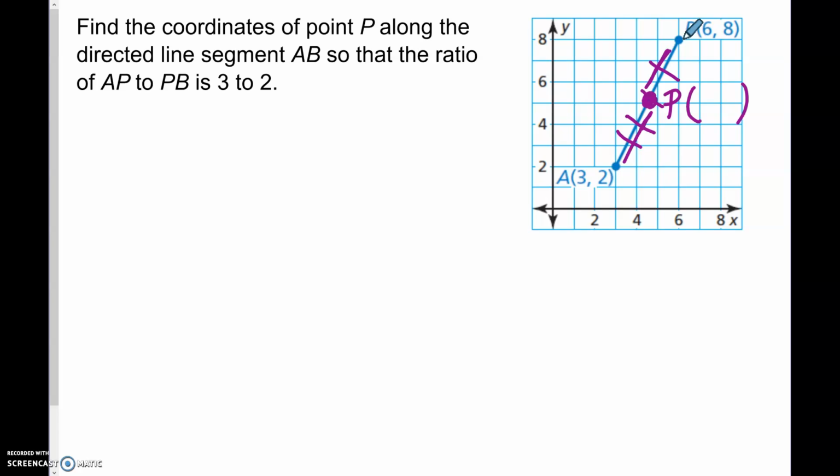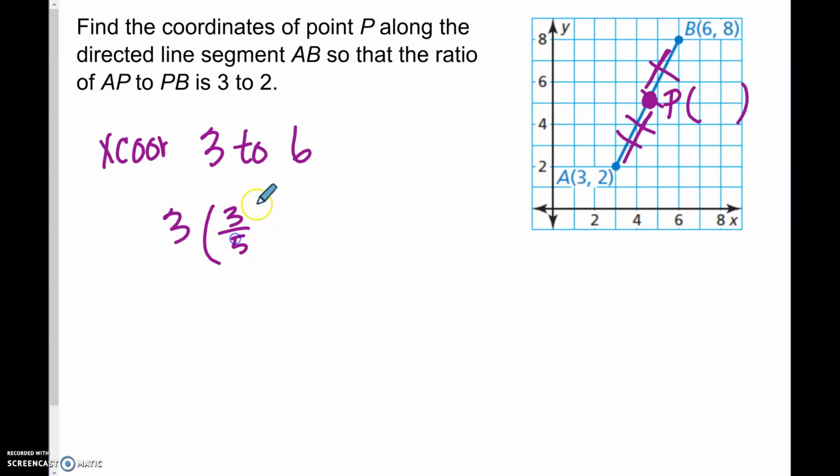All right, so what I like to do first is work from the x coordinate. I look at the x coordinate first, and I'm going from 3 to 6. That's a total of 3 units. But I only want to go 3 out of 5 parts of that. So I'm going to take 3 times that ratio of 3/5.